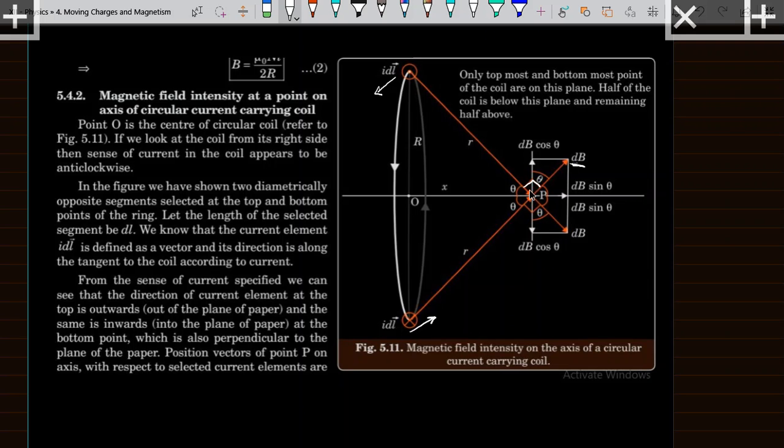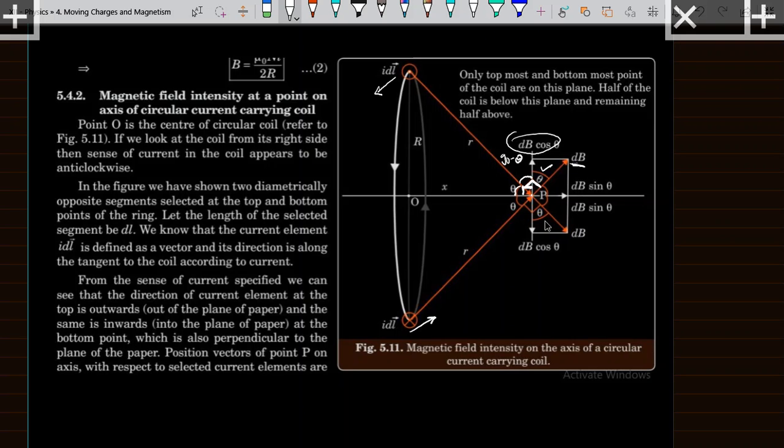ठीक है, now we know that this is 90. Do we know this is 90? Yes, absolutely. ठीक है, and this is theta. ठीक है, so how much will this angle be? 90 minus theta. Now we know that this is 90 यहां से यहां तक, और ये 90 माइनस थीटा है, तो ये कितना होगा? हाँ, तो सिमिलरली अगर ये थीटा है तो वी कैन फाइंड द रेस्ट ऑफ द एंगल्स. ये थीटा है तो ये dB cos theta होगा बिकॉज ये dB है, और ये dB sin theta होगा.